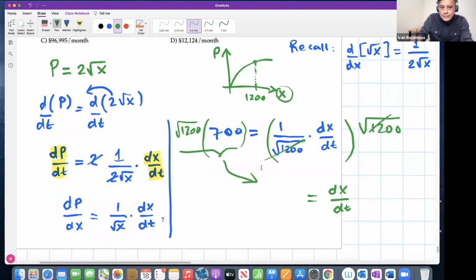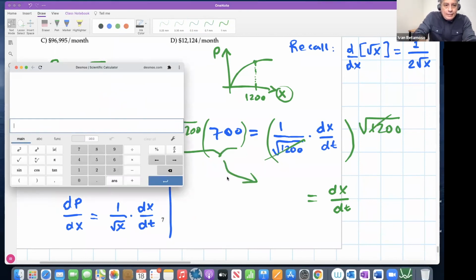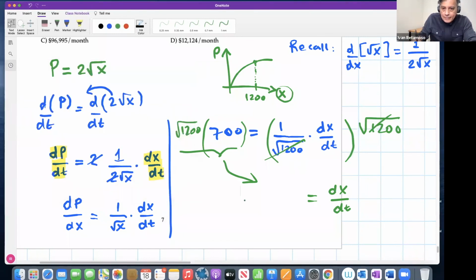So let's get it in the calculator. Square root of 1,200 times 700. I get 24,248.7, and this time I can round it to 24,249 dollars per month.